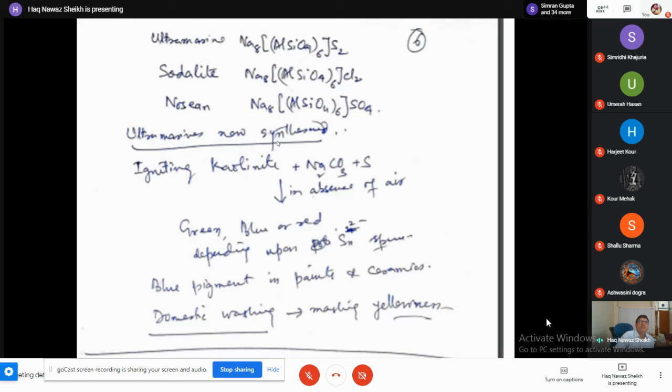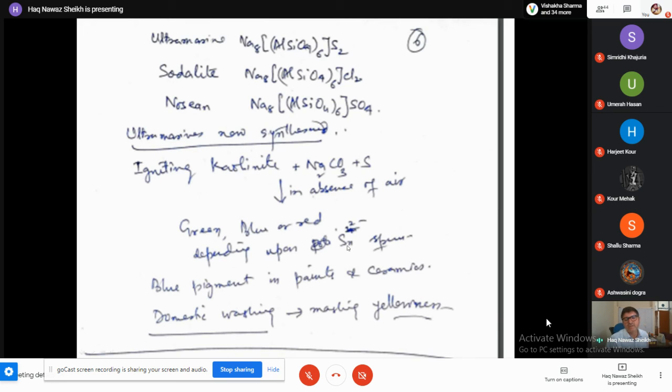Ultramarines are also now synthesized. One method of synthesizing this ultramarine is igniting kaolin plus sodium carbonate plus sulfur in absence of air. You generate green, blue, or red depending upon what type of polysulfide anion is generated. If it is S2 2 negative, it is blue colored ultramarine.